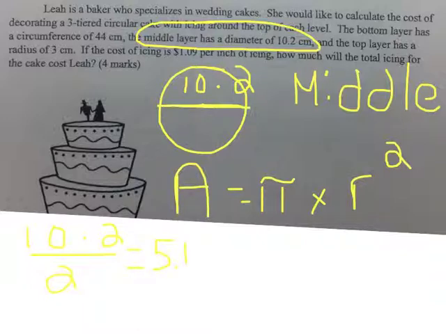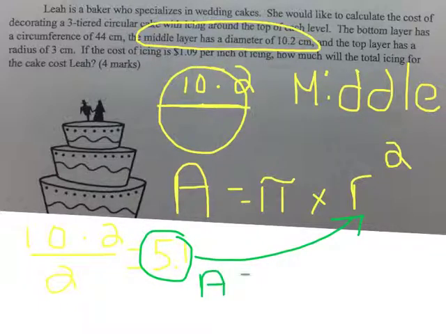I'm not sure that yellow is showing up nicely here. Let's change the color here. Okay. Now I have a radius that I can plug into my formula. So area is equal to pi times 5.1 squared.